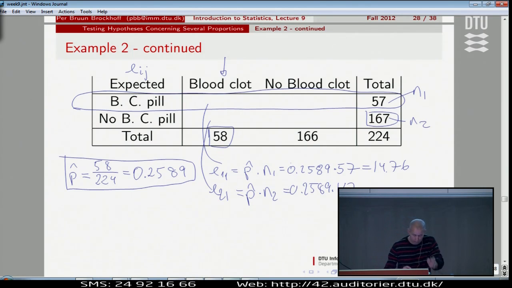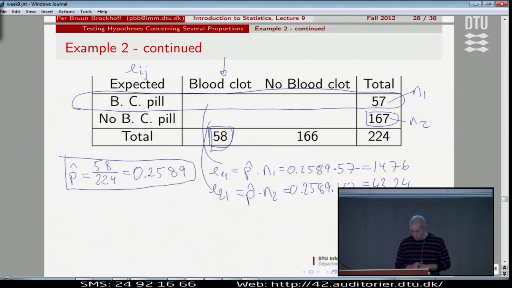If they match the hypothesis, it's the expected values I'm finding here. I have to be careful to take the right one. I get this at 43.24, of course, since it should actually match the 58, which it does.